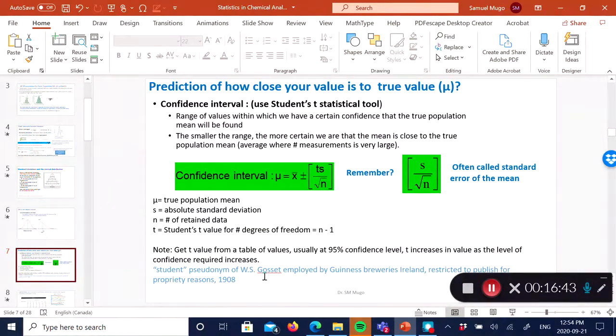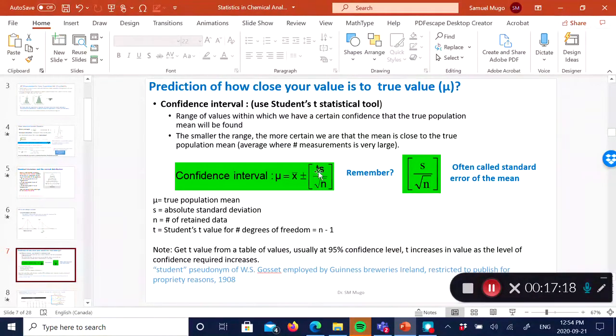But because he was restricted from publishing his work for proprietary reasons, they called him the student, so his name was not actually used. So the t, in this case, is a data set with fairly well experimentally determined constants at each individual confidence interval. And so that one you get from the table.